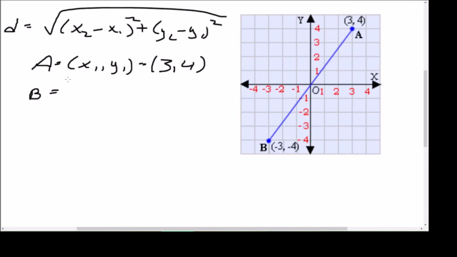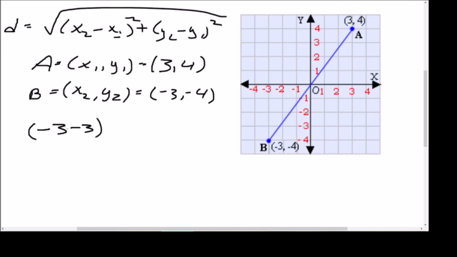Now our B is our x2 and our y2, and those are -3, -4. That's interesting. Let's see what this plays out to be. So my x2 is -3. My x1 is 3.